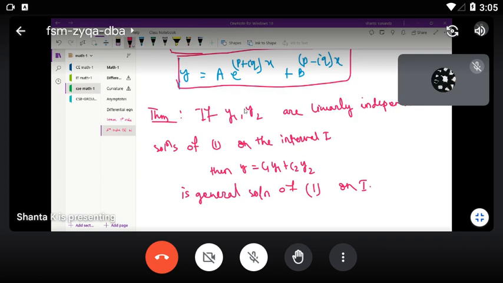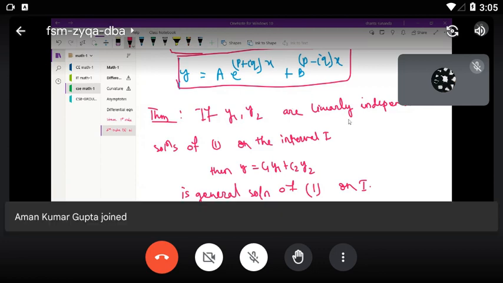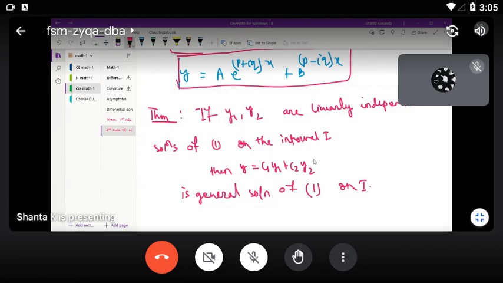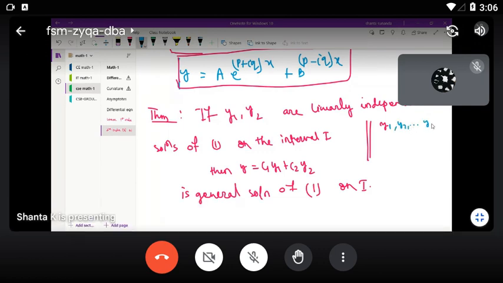It's actually done for n number of linearly independent solutions. Since we are doing the second order, I have done y1, y2. If you have the nth order, we can go for y1, y2, up to yn as linearly independent solutions.